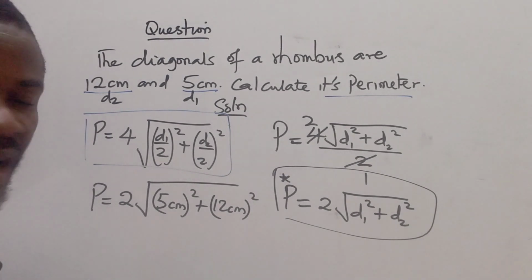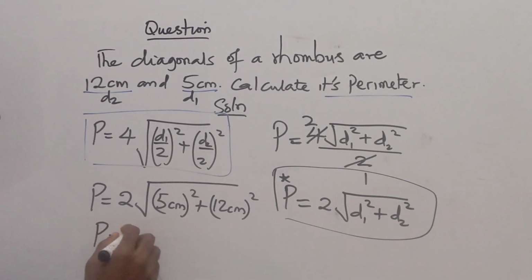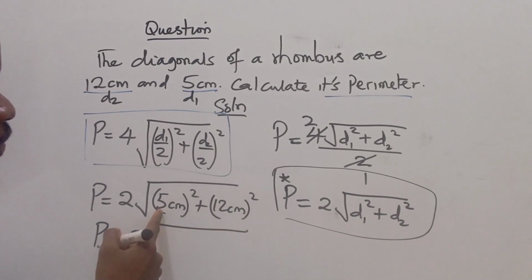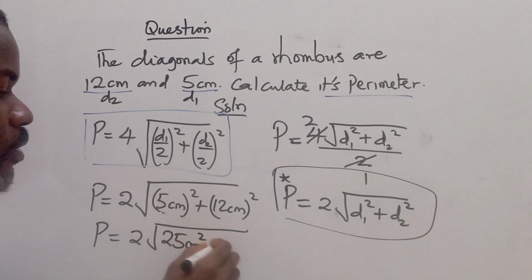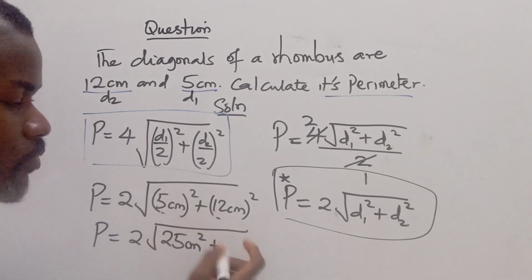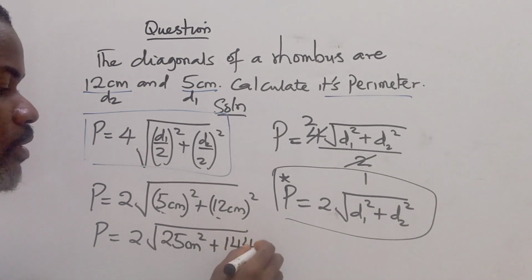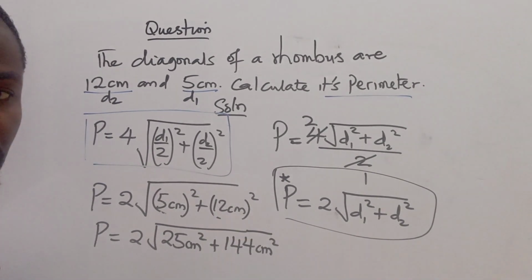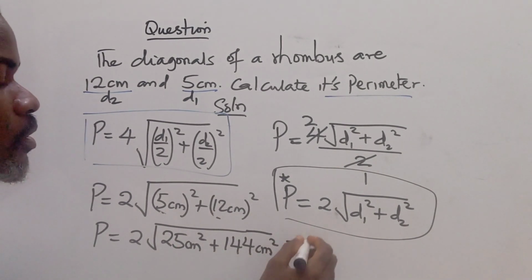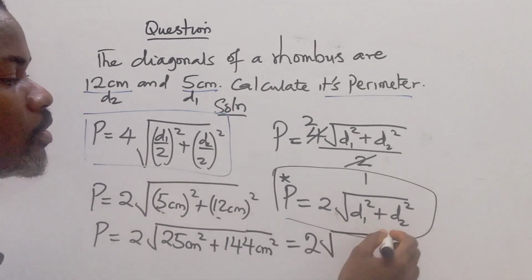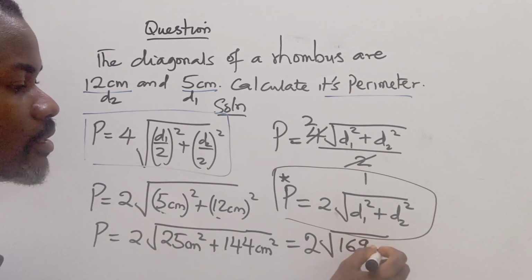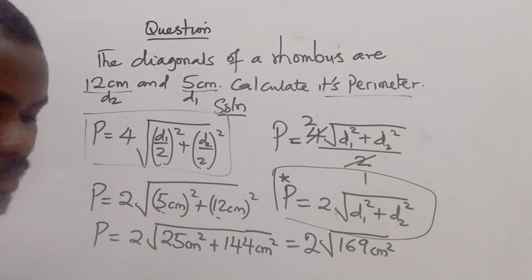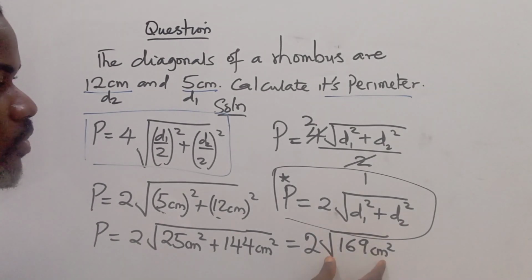So this will give us perimeter is equal to 2 into the square root of 5 centimeter times 5 centimeter, which is 25 centimeter squared, plus 12 times 12, which is 144 centimeter squared. If we add this, we get 2 into the square root of 169 centimeter squared.